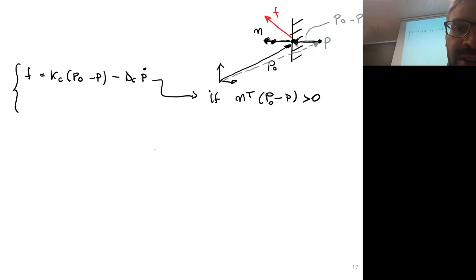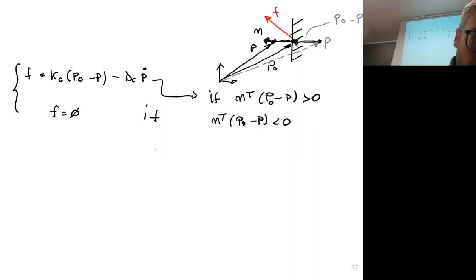Otherwise, if it is on the other side, we'll get something negative, and in this case, we want to set the force to 0. And this models the unilaterality.